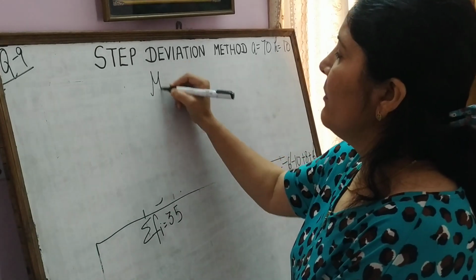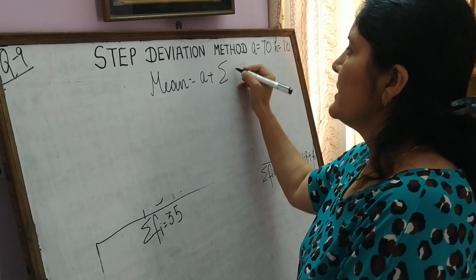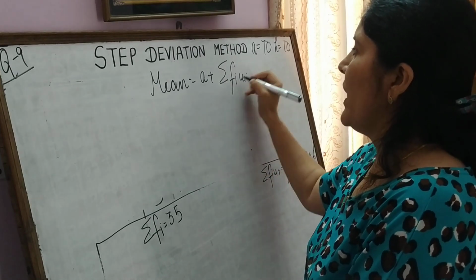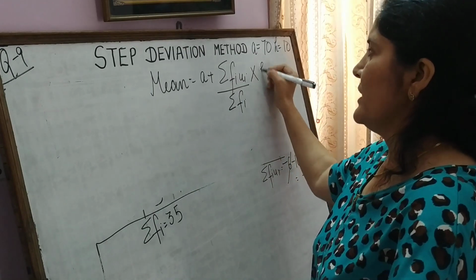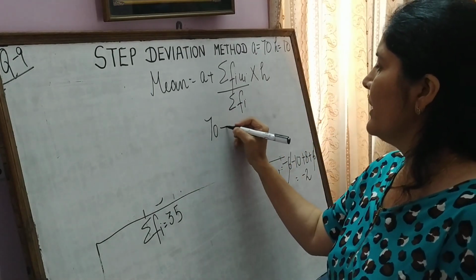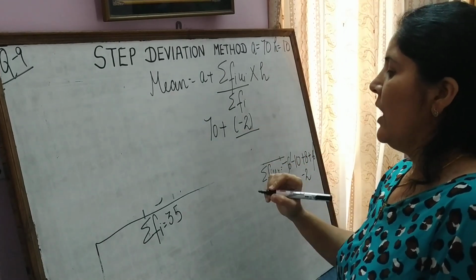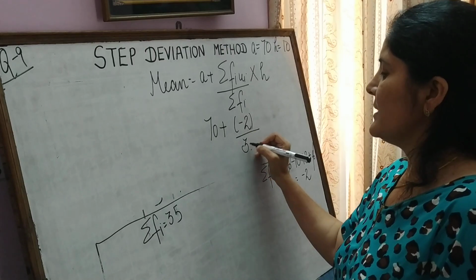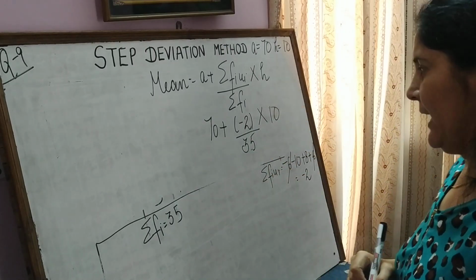The formula for the mean is a plus sigma Fi Ui upon sigma Fi into h. A is 70, plus sigma Fi Ui is minus 2, and sigma Fi is 35, into h, which is equal to 10.